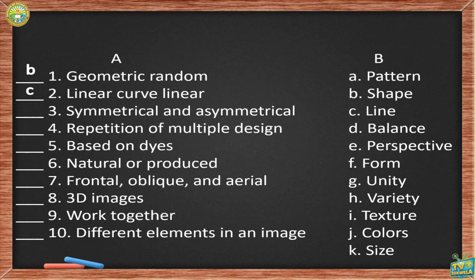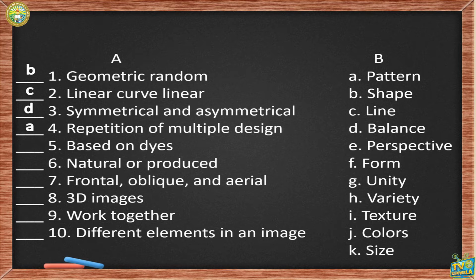For number 3, symmetrical and asymmetrical. That's right! The correct answer is letter D, balance. For number 4, repetition of multiple design. That's right! The correct answer is letter A, pattern.